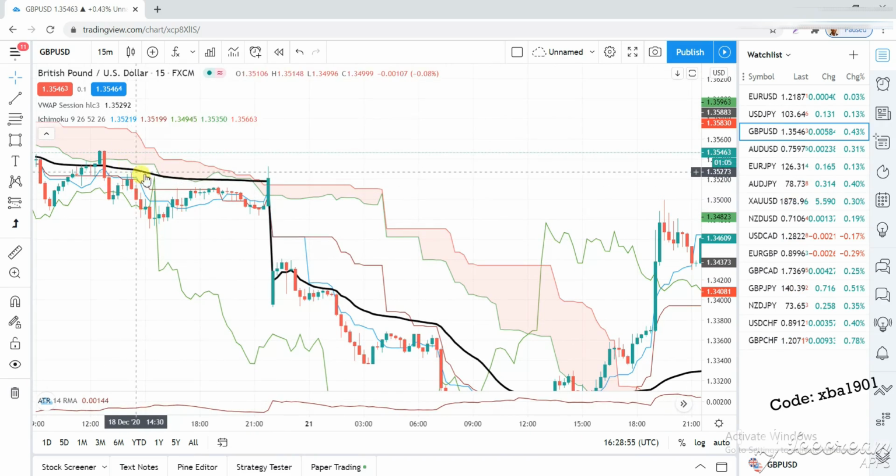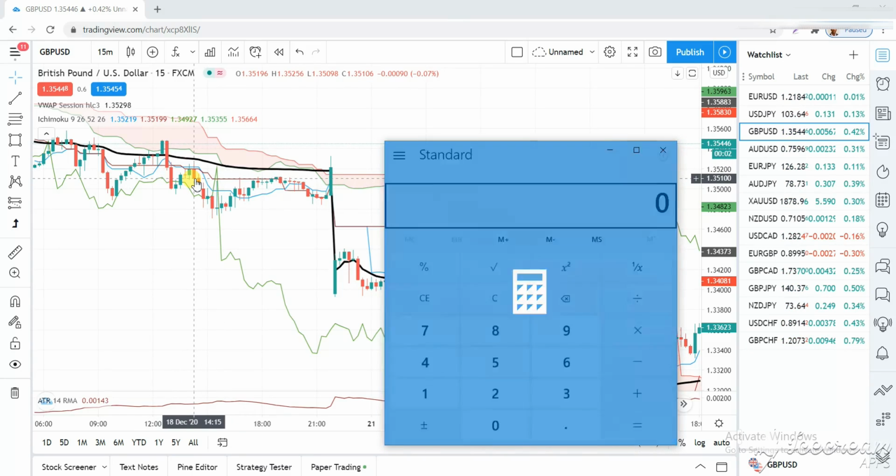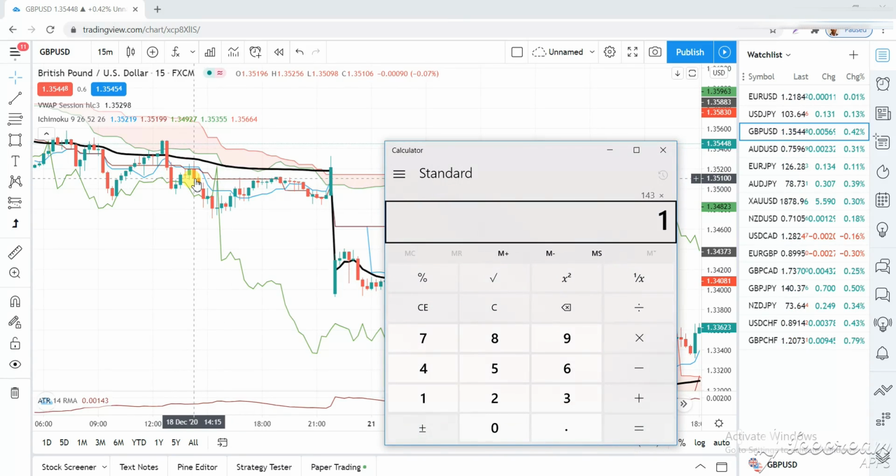Alright, like you can clearly see there's a cross at this point. Okay guys, as you can see at this point I saw a cross, but there was no entry, so I was waiting for an entry. If this was a live trade, I would have waited for an entry, which is this engulfing candlestick at this point, and then you just check the value, which is 143 times 2, sorry, that is 286.